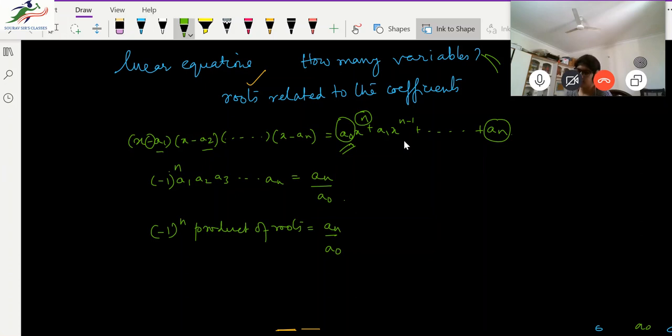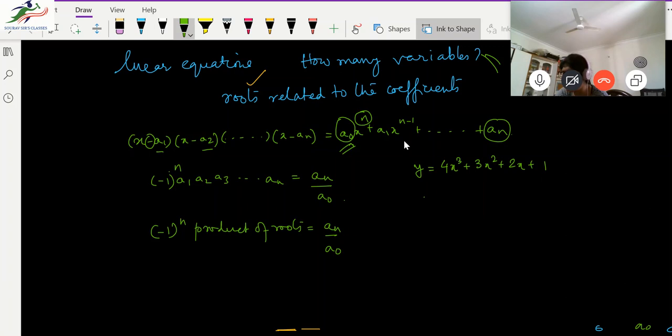So in a cubic equation, let's say y is equal to 4x cube plus 3x square plus 2x plus 1, right? What would be the sum of the roots? We'll use the same formula for the product of the roots.